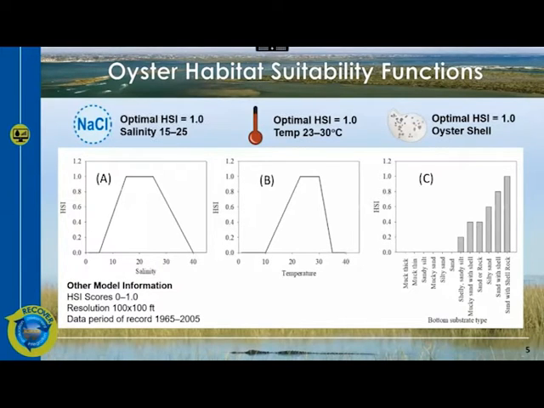HSI scores run from 0 to 1, with a score of 0 being unsuitable habitat and 1 being suitable habitat, which is found on the y-axis of each of these graphs. A salinity of 15 to 25, temperature 23 to 30 degrees Celsius, and substrate with available shell was deemed most suitable with a score of 1, with higher and lower salinity and temperature, or other substrate classifications from an oyster mapping event from 2019, resulting in lower HSI scores.